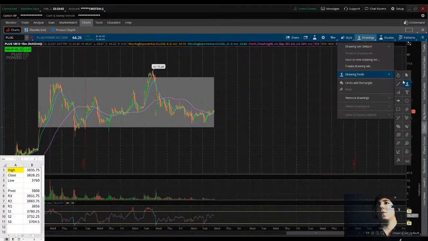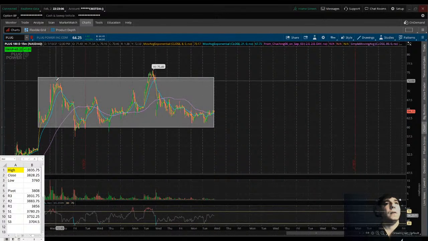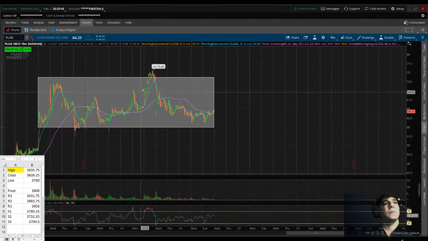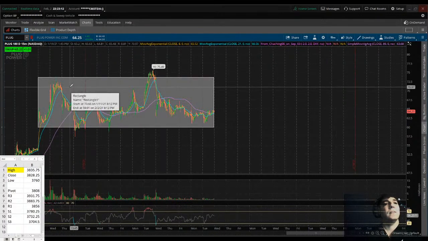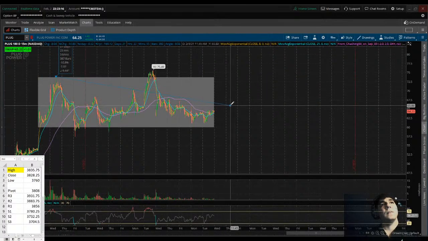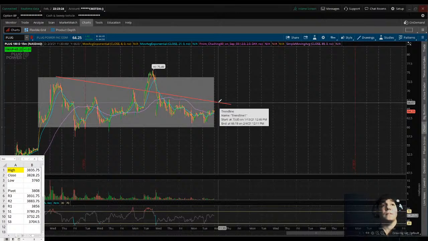So I'm going to cancel out this day because it's kind of an outlier, and this is your general trend right here. So what I would do is I would play long on plug up and over this line here.